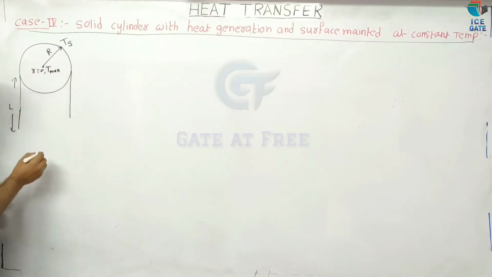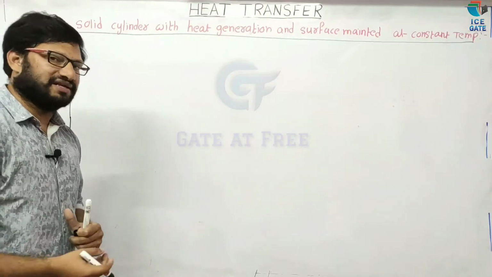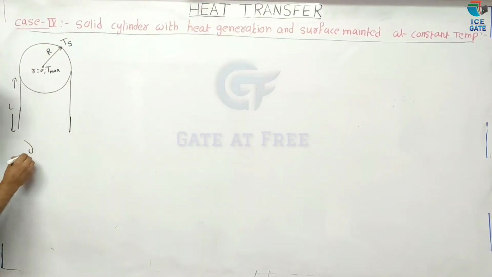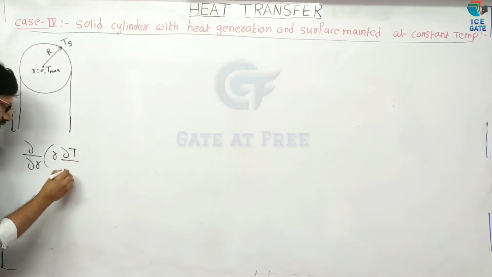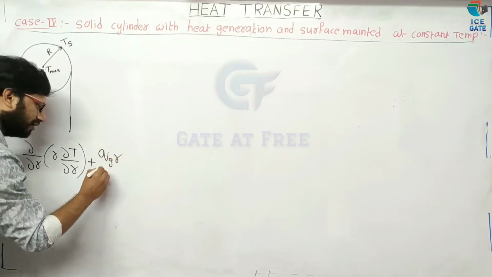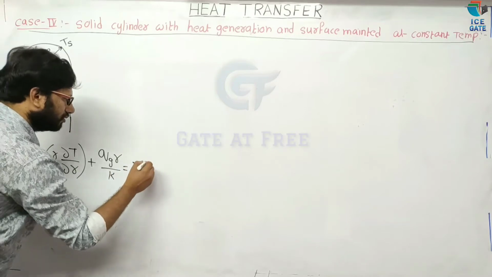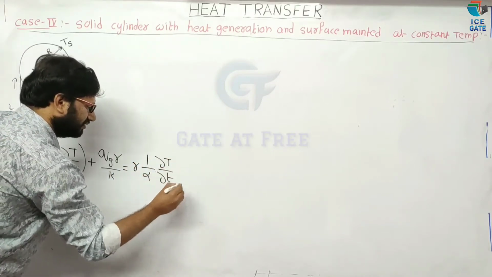Okay. Now, we know the generalized differential equation for cylinder, that is Fourier equation. Now, what is the formula? Dou by dou r into dou T by dou r plus qg r by k is equal to r into 1 by alpha dou T by dou t.